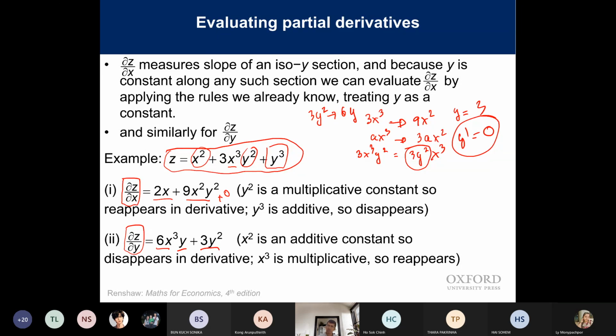This doesn't apply only to a function of two variables, it also applies to a function with more than two variables. For example, the function z is a function of x, y and, let's say, t.